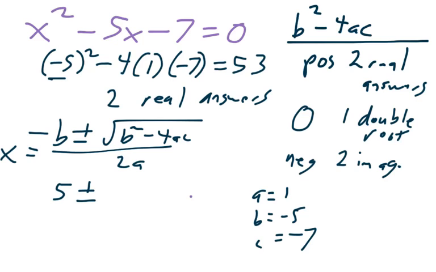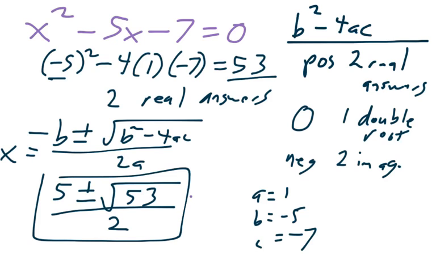Since b is negative over here, it's positive. Now, we already figured out that 53 goes in the square root because that's the same thing as the discriminant, divided by 2. Can we break down 53? The answer is no. So here's my answer.